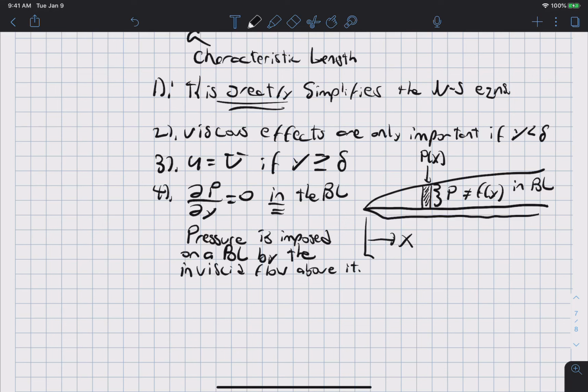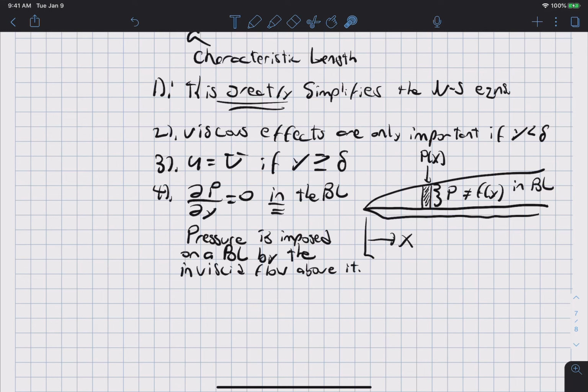And that means you can apply inviscid flow theory, even Bernoulli, to find the pressure as a function of x, and then that pressure as a function of x will be the pressure as a function of x in the boundary layer. Okay, and so that greatly simplifies things.